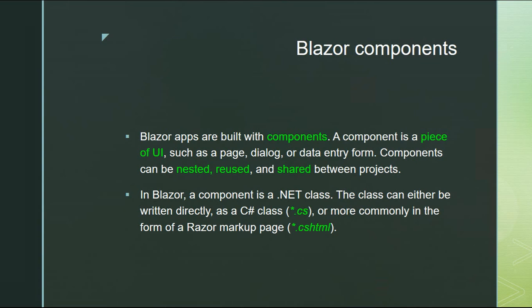You can have C# files separately, so you can separate the complex logic into that. And if you have simple stuff, you can write it in the same markup file, which is the CSHTML. So that's going to be at the markup level.